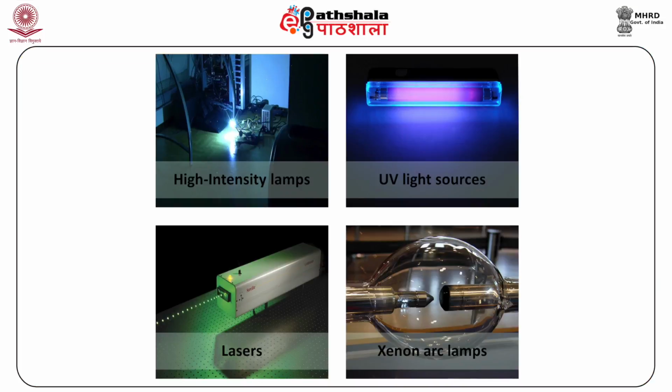As early as 1937, scientists suggested that alternative light sources other than the room light could also be used for the enhancement and visualization of latent fingerprints. High intensity lamps, UV light sources, lasers and xenon arc lamps have been utilized in the development of latent prints and have produced better latent print images than the regular room lighting.